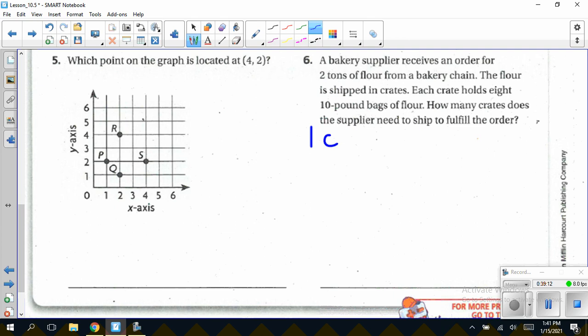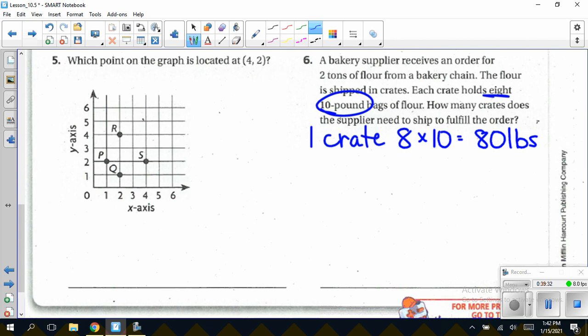So one crate, remember, it holds 8 10-pound bags. So if one bag is 10 pounds and you have 8 bags, you would take 8 times 10 to get a total of 80 pounds per crate.